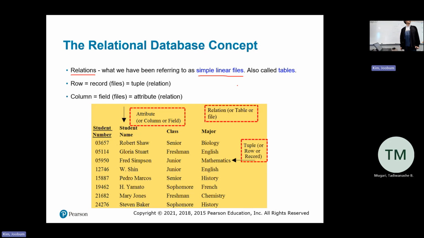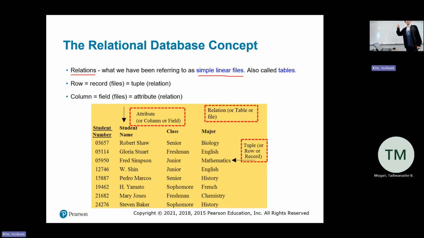You already know those relations: the yellow tables, general hardware, customer, salesperson, office, and so on. Those are tables, in other words, relations.